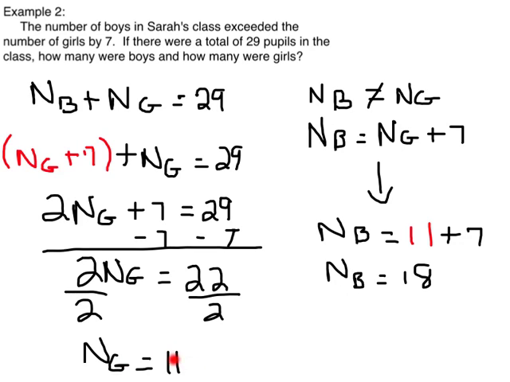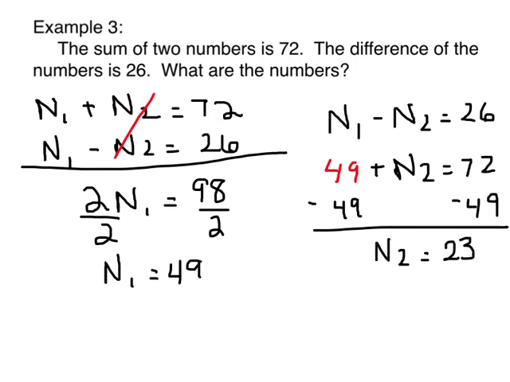Now that we know the number of girls, we know that the number of boys is the number of girls plus 7. If the number of girls is 11, we add 7 to that, then the number of boys is 18. So this would be your answer. The number of girls would be 11, the number of boys 18. It's asking you to find both of those.